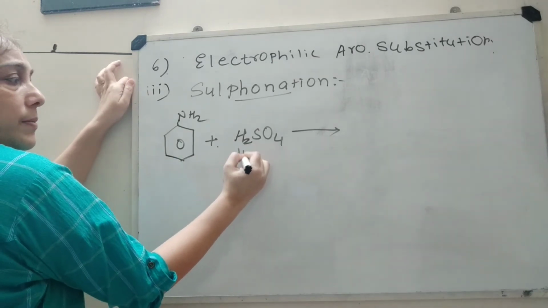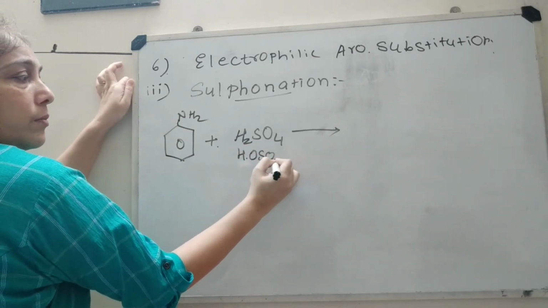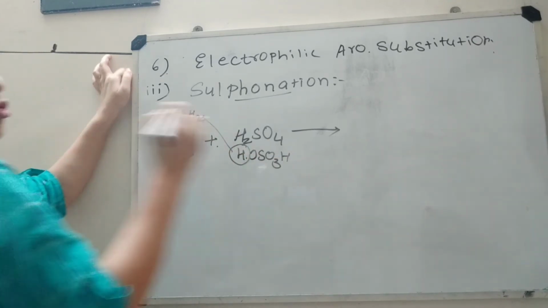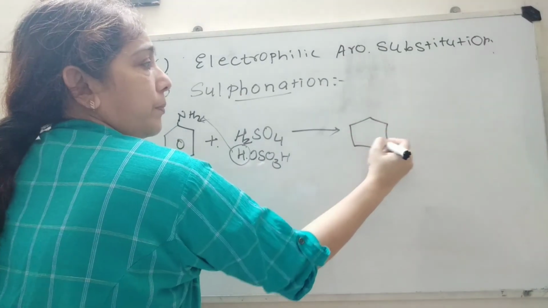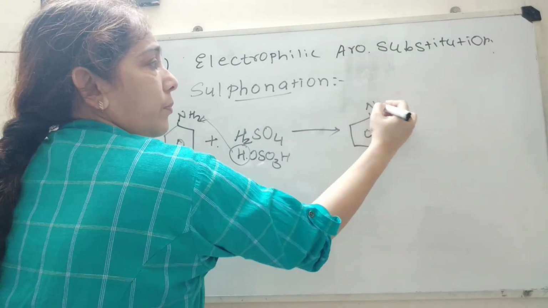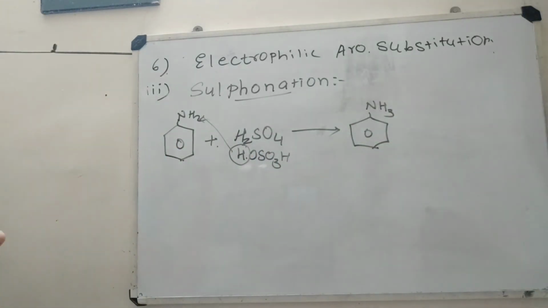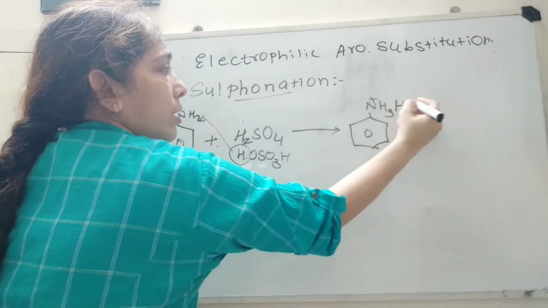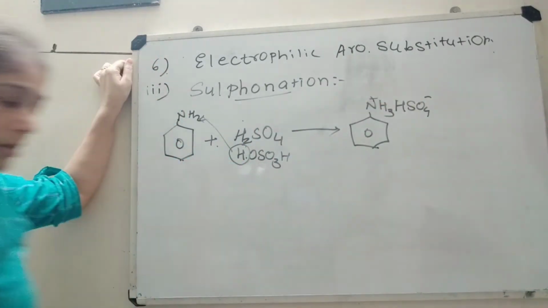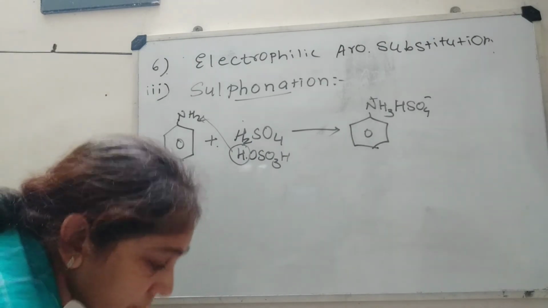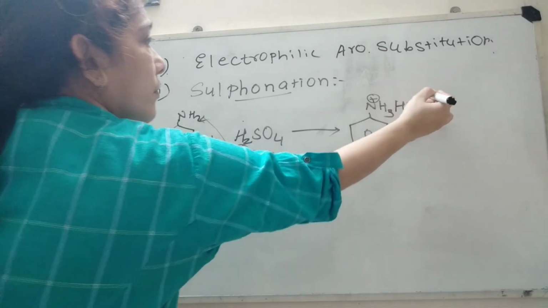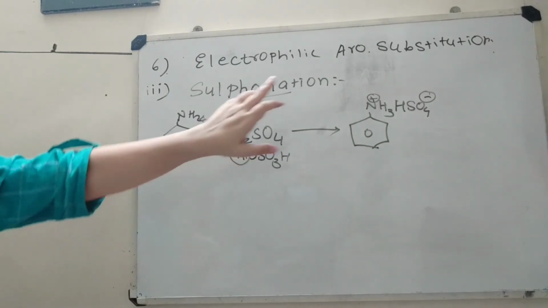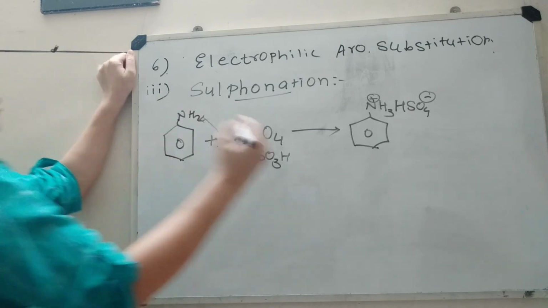One hydrogen from this combines with this NH2 to form NH3, and this HSO4 minus. So we are getting anilinium hydrogen sulfate.